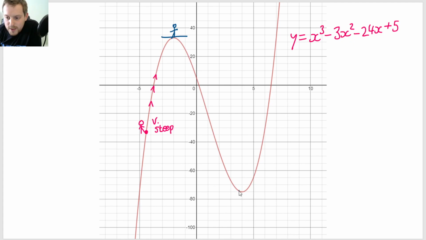And also, if you're down here, you're also pretty happy, right? Because it's flat down there. The tangent line at that point is a horizontal line. It has gradient equals 0. There and there. So we actually expect to have two coordinates.